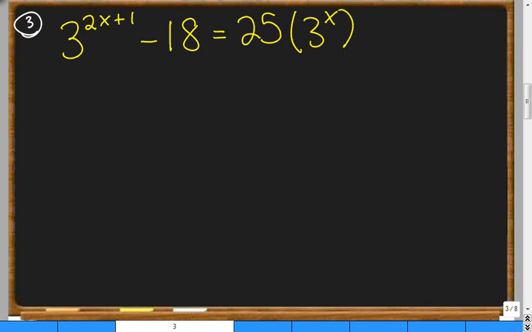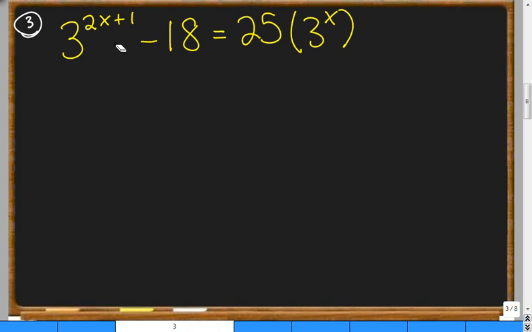Now, one particular type of problem that makes this a little bit more difficult is, let's say we start having things that are all separated. We have 3 terms now. There's a particular way you go about solving this, especially when you see that we have a single x and a 2x here.